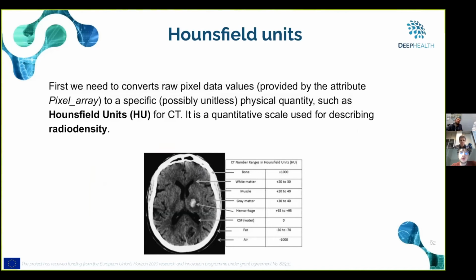We use this unit to describe the radio density. For example, here we can see that different ranges of Hounsfield units correspond to bone or muscle or air or gray matter and so on.